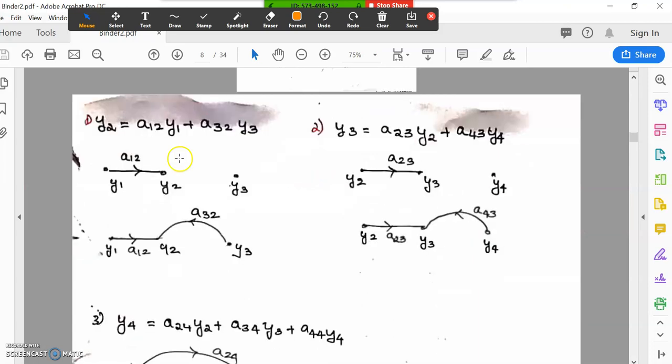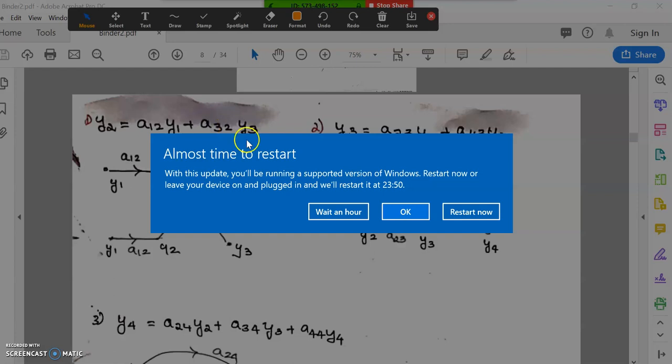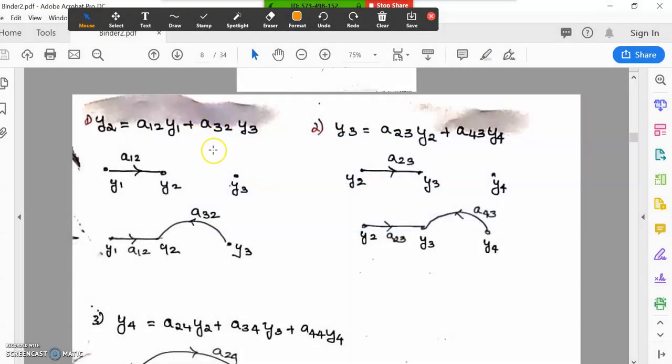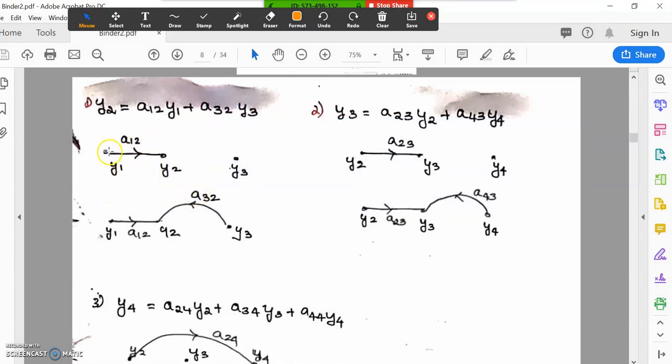Suppose the first equation is y2 equals a12 y1 plus a32 y3. First we have to note down how many signals there are. Here we have 3 signals. The input signals will be y1 and y3. The output signal is y2.